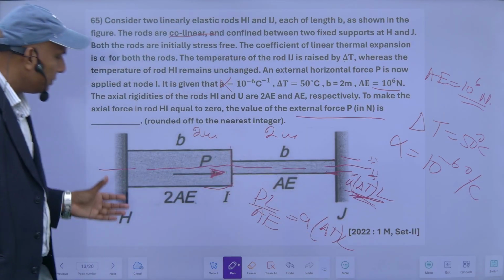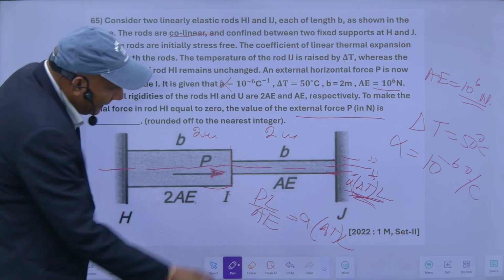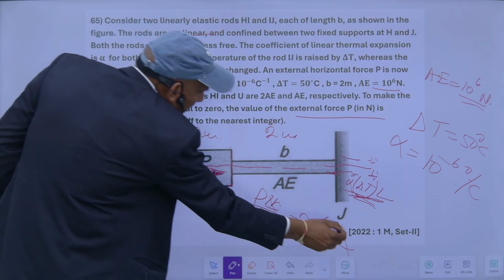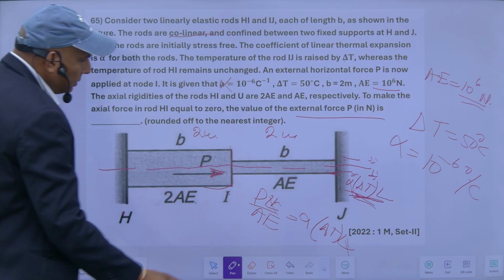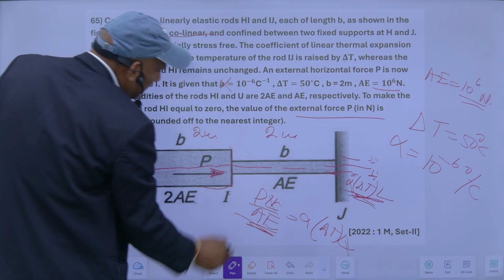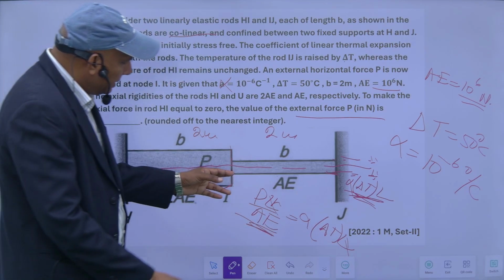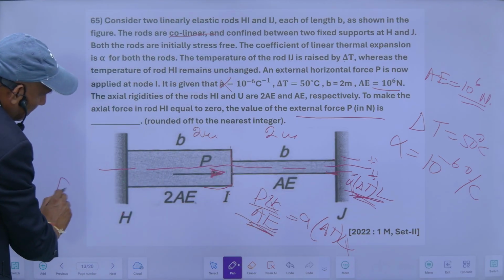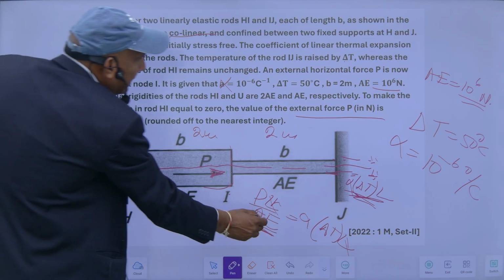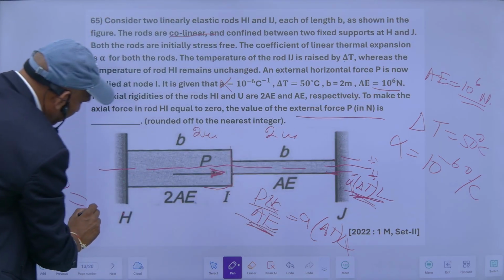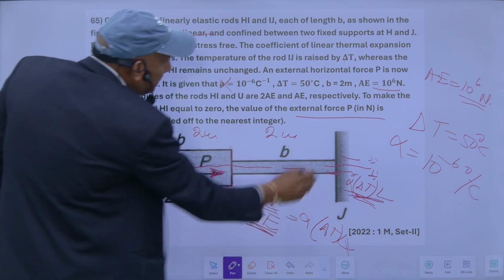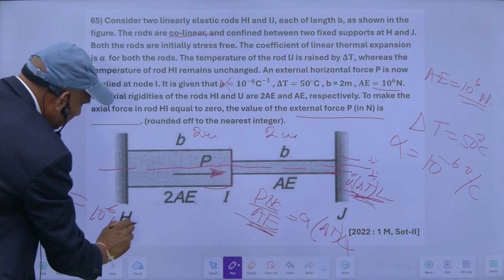There is no contribution of this portion. So this L is B in this case. So this will cancel each other. I am interested in this portion. So P force will be equal to AE, and AE is equal to 10 raised to power 6 Newton, AE into alpha. Alpha is this one.